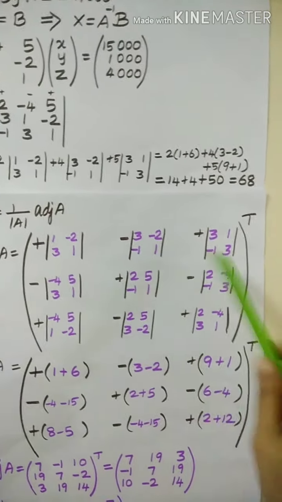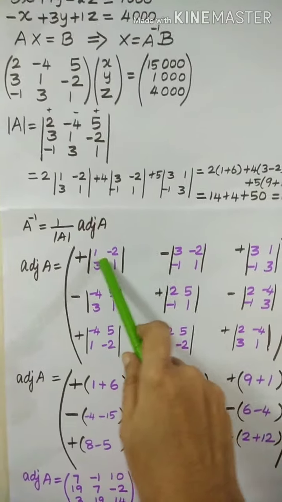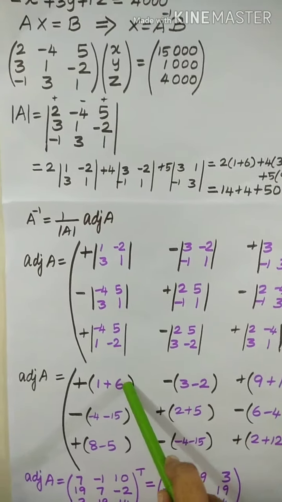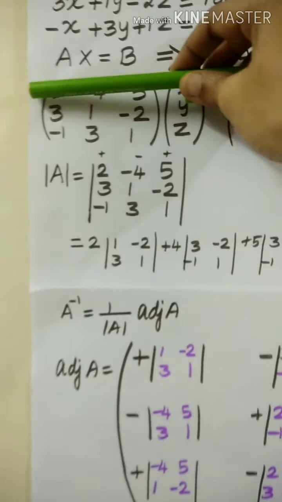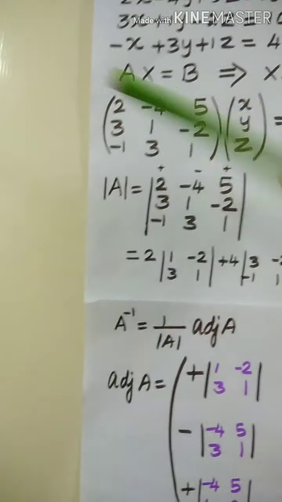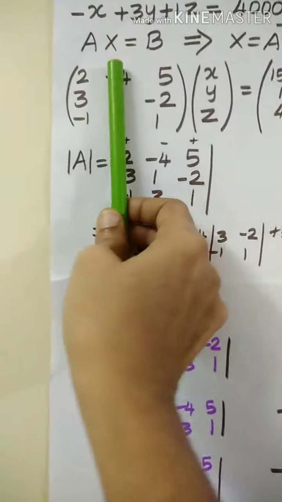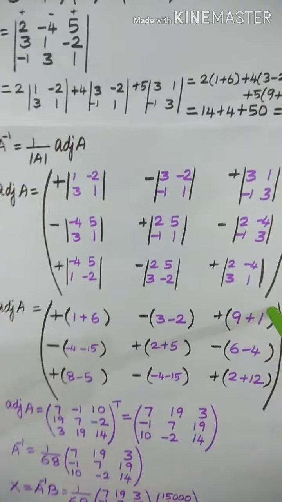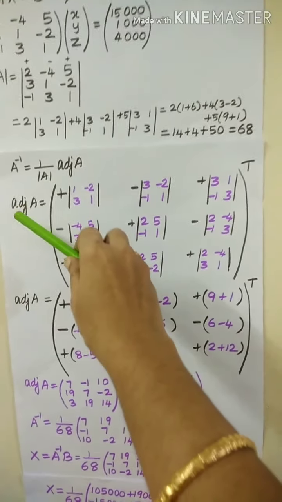These are called minors actually. How to write this one? First row, first column. So in the matrix given, hide the first row, first column, write the remaining. Similarly, hide the first row, second column, write the remaining. So we arrive at the entire cofactor matrix. The whole transpose I call as adjoint.